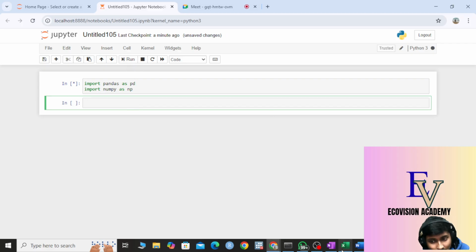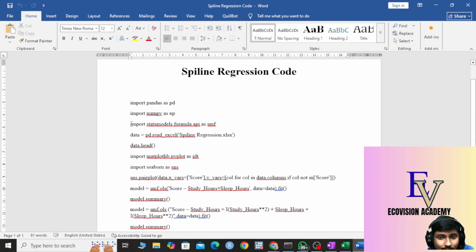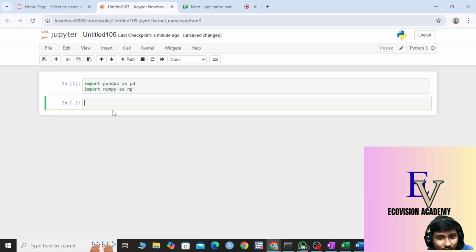Now we will import another library, statsmodels.formula.api, for running a regression. Yesterday we did it with statsmodels.api, but today we will write statsmodels.formula.api. Both of these are enough for regression.